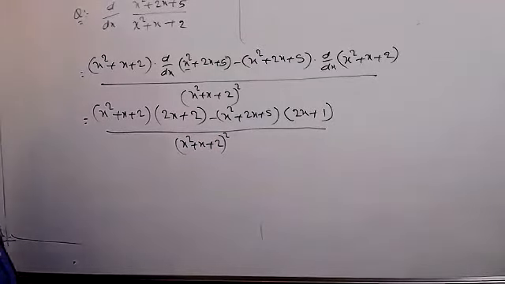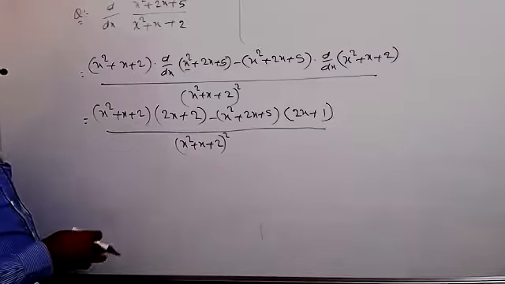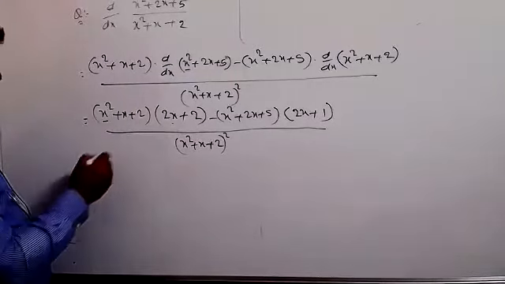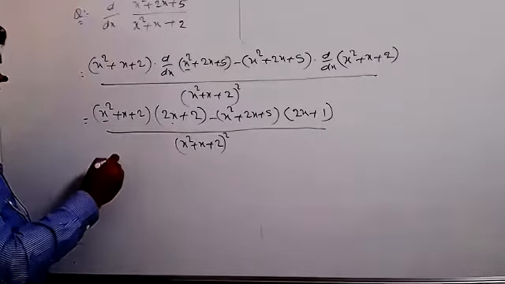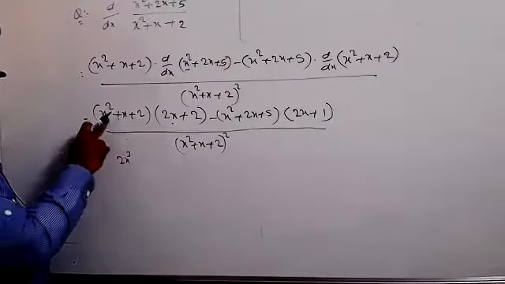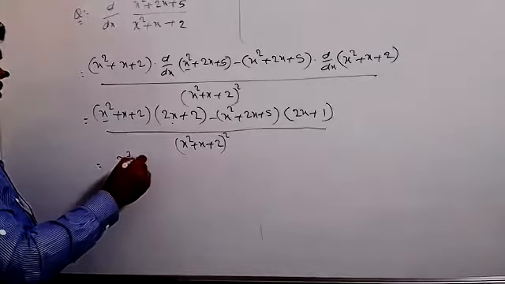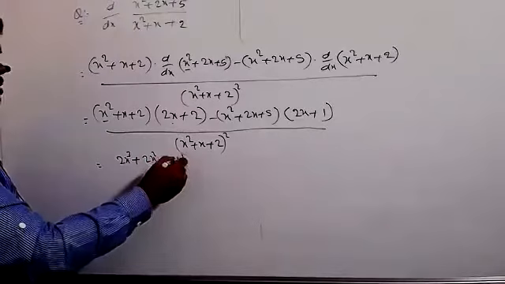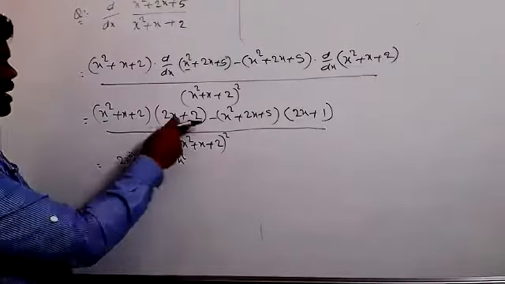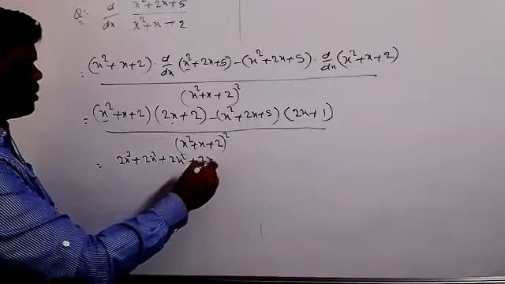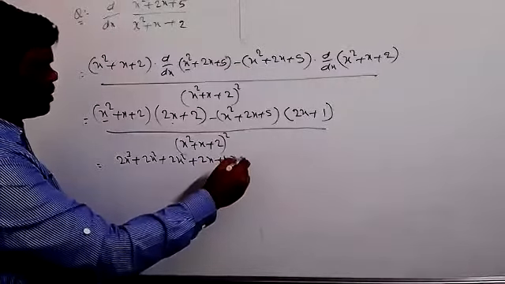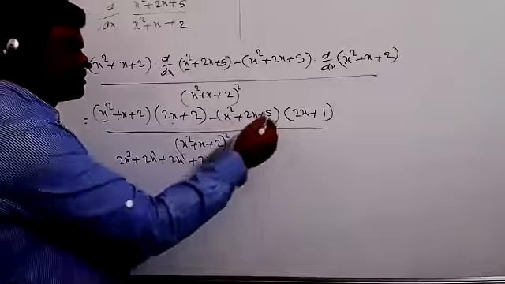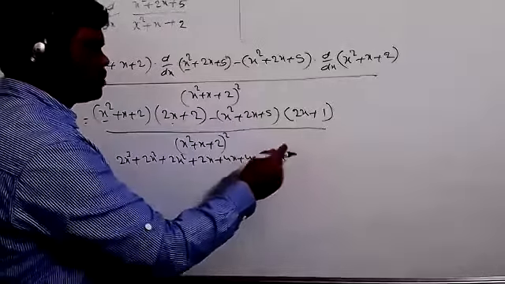Now if you want, you can multiply and simplify that. So x square into 2x equal to 2x cube, x square into 2 equal to 2x square, plus x into 2x equal to 2x square, plus 2x plus 4x plus 4, minus of x square and this one equal to minus 2x cube.